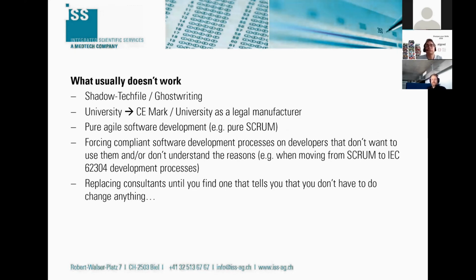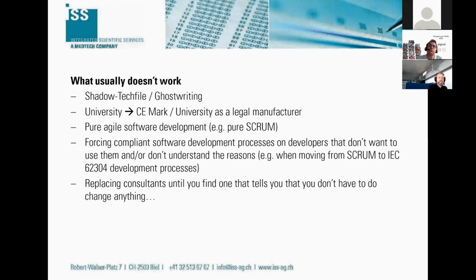Agile development doesn't remain pure. Usually you can have agile development, but you have to add some additional tasks that the standard requires. Also important: forcing software processes on developers that don't want to use process, mostly because they don't understand the reasons for them.